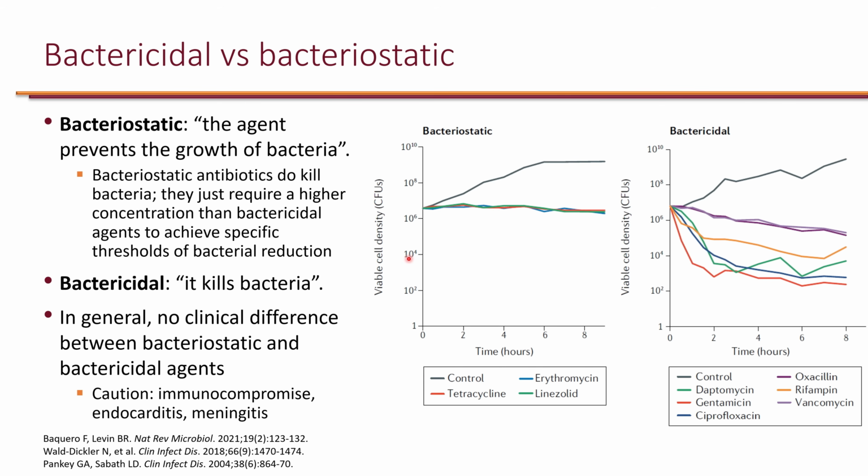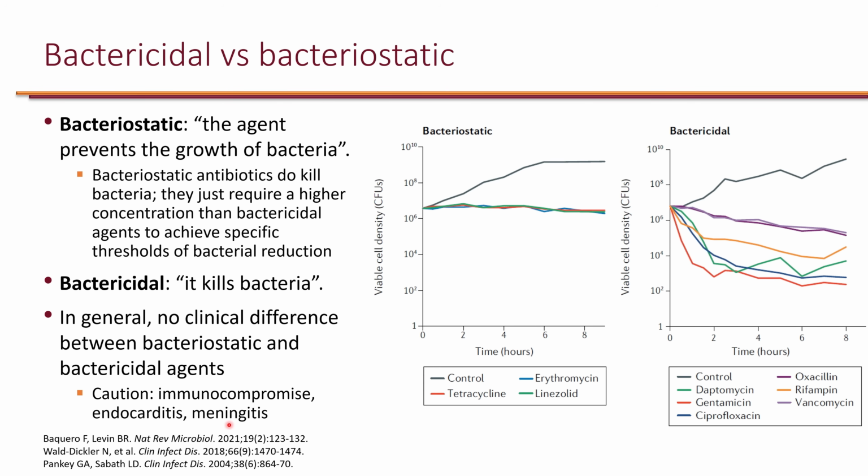Now, this has come under scrutiny because a systematic review of many studies actually found that for the large portion, there is no clinical difference between bacteriostatic and bactericidal agents. So in general, it doesn't matter. However, there are not good studies looking at this specifically in immunocompromised patients like transplant patients or those with endocarditis and meningitis.